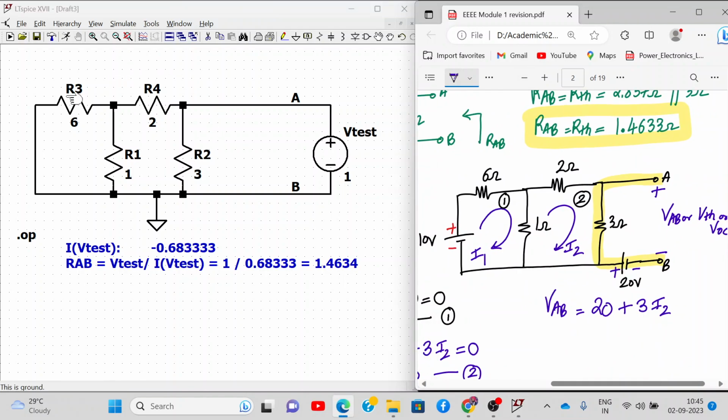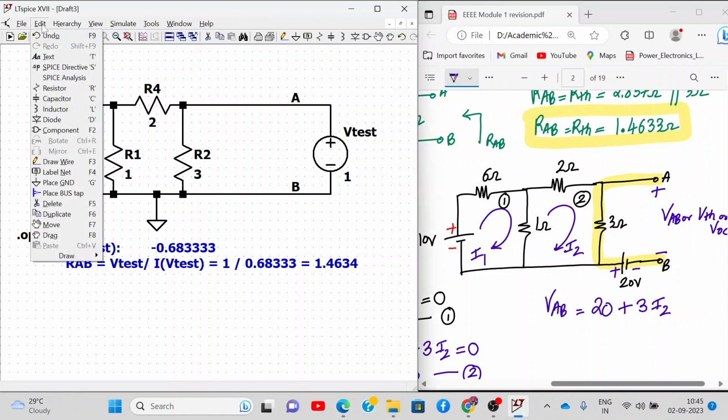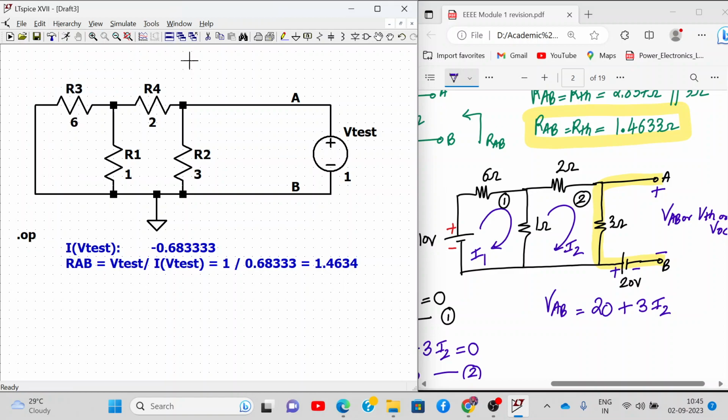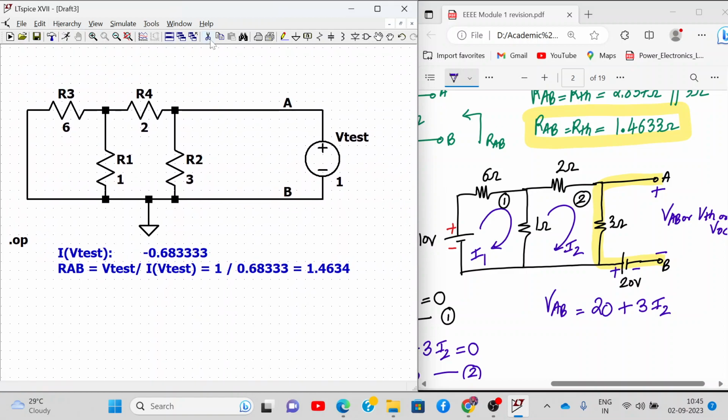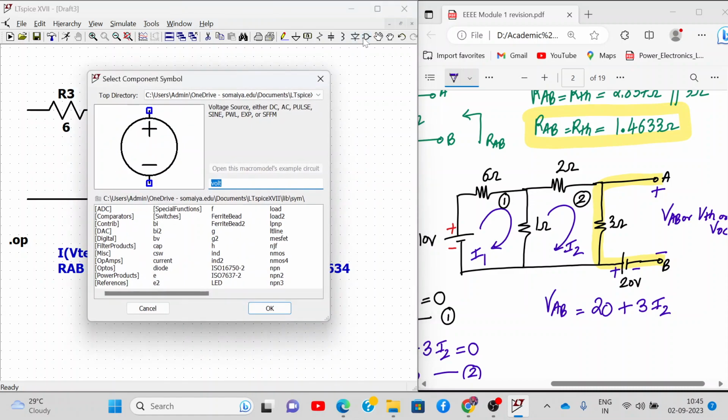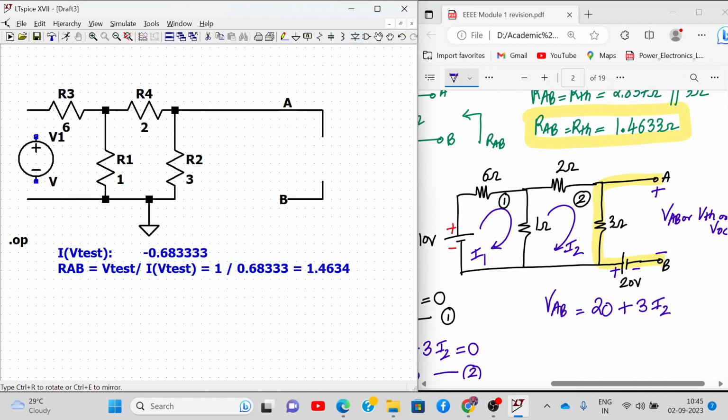Now we put back the sources. We remove this test source and add the sources back. Let me go over here and add the voltage source back, since we are calculating VAB or VTH.